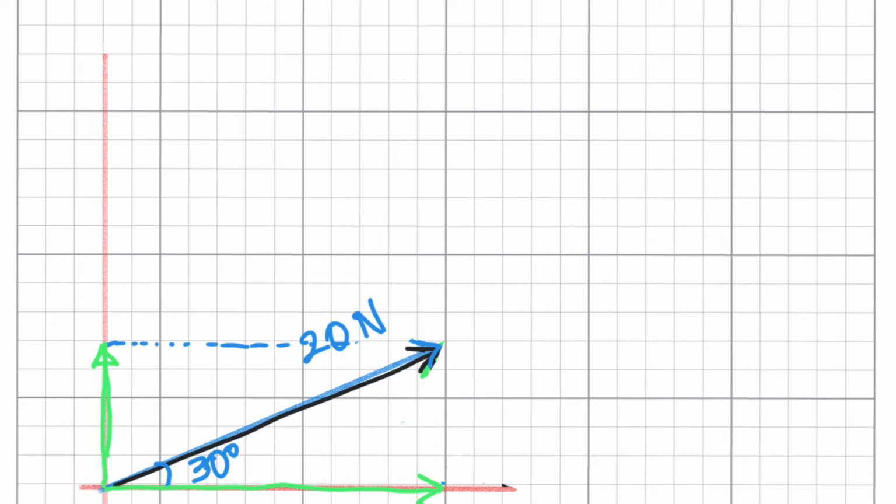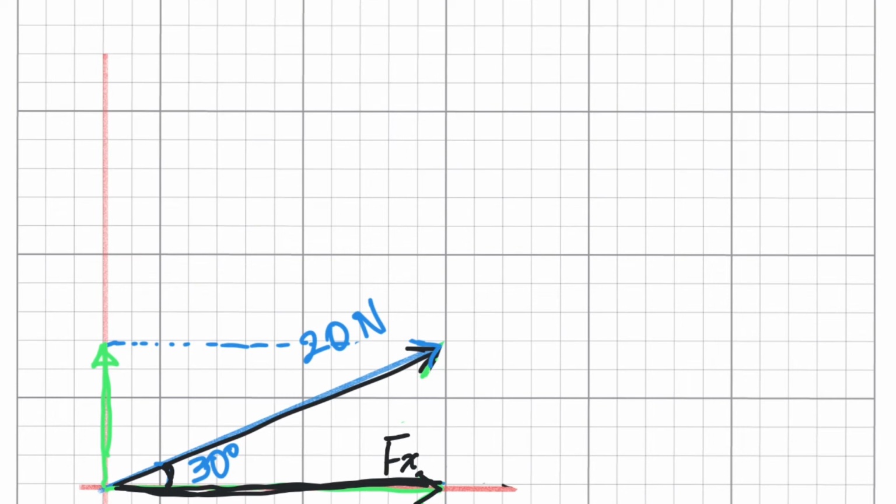Okay, now that we have found the y component of the force vector, let's look for the x component, which of course is going to be this one. This projection over the x-axis, we're going to call it the x component of the vector force. In this case, we have the angle 30 degrees, and we're looking for the adjacent side, right? The trigonometry function that is going to help us find that is the cosine function.